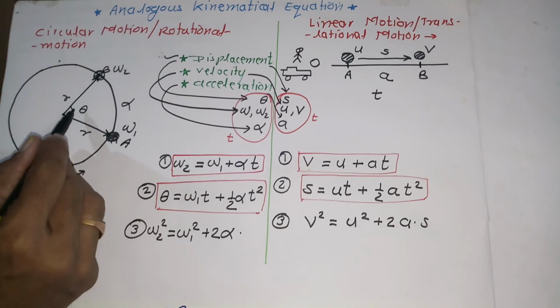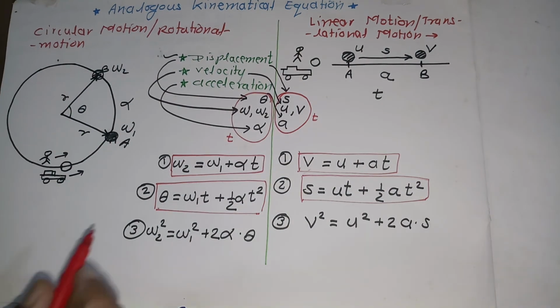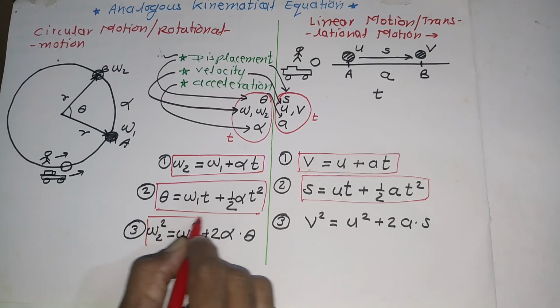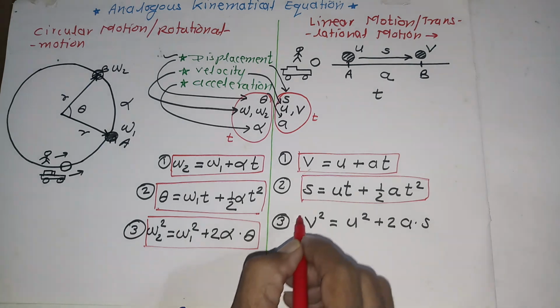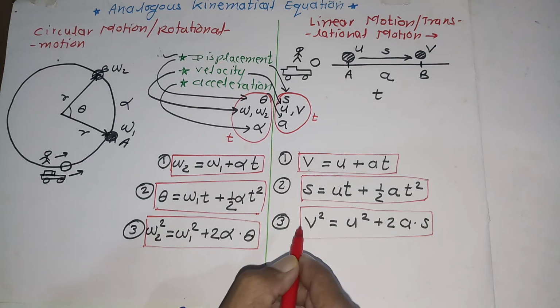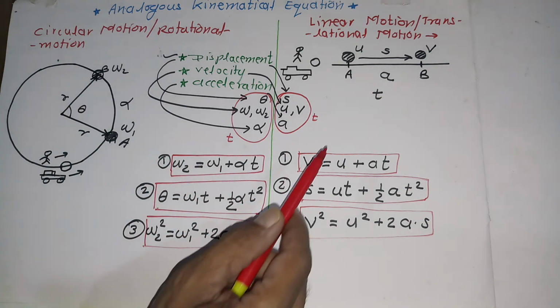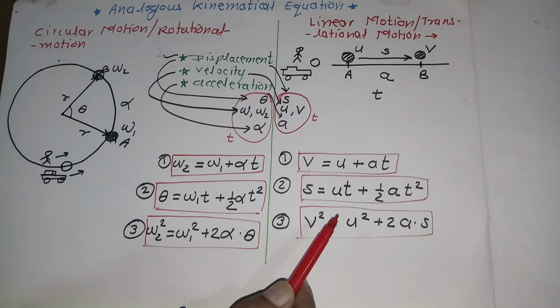So this will be my third kinematical equation in circular motion, which is exactly analogous to the third kinematical equation in linear motion. This is how you can prepare the kinematical equations in circular motion by using the analogy with the kinematical equations in linear motion.